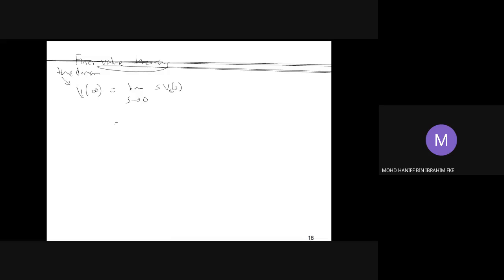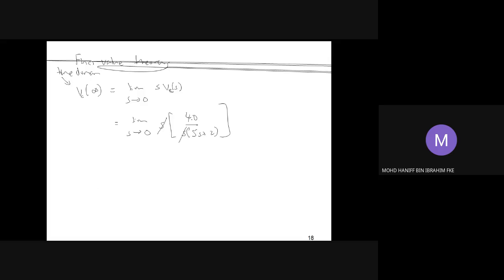So we have the limit as S approaches 0 of S multiplied by VCS, which is 40 divided by S(5S plus 2). You substitute S as 0, so this S is cancelled out.